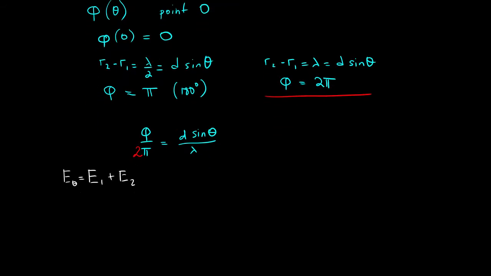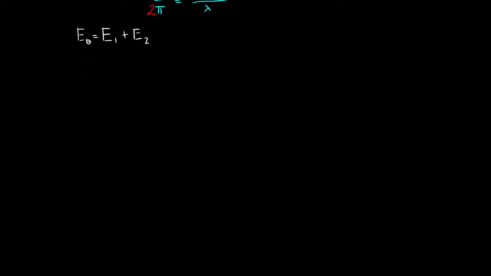So let's just draw that here. Let me put my vertical and horizontal, and then I'm going to start with E2, where the vector has a length of E at angle omega t.